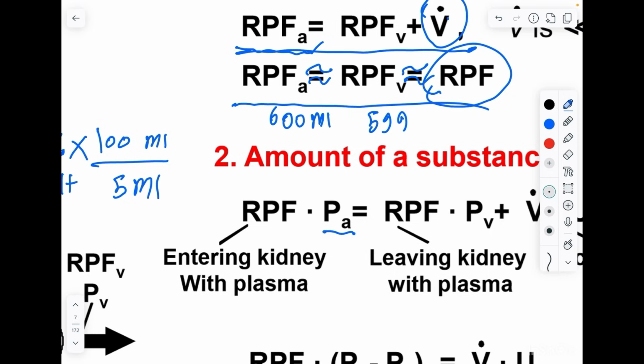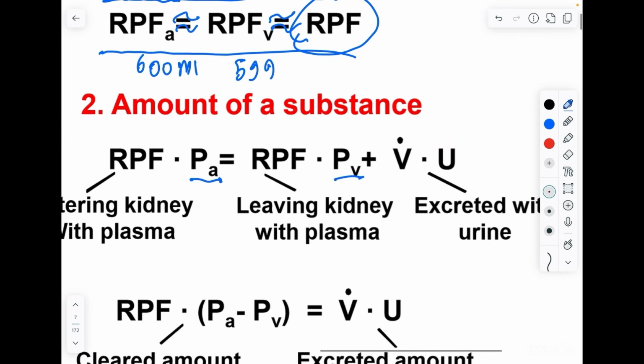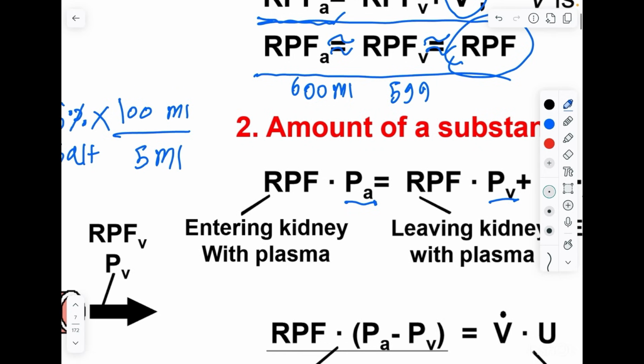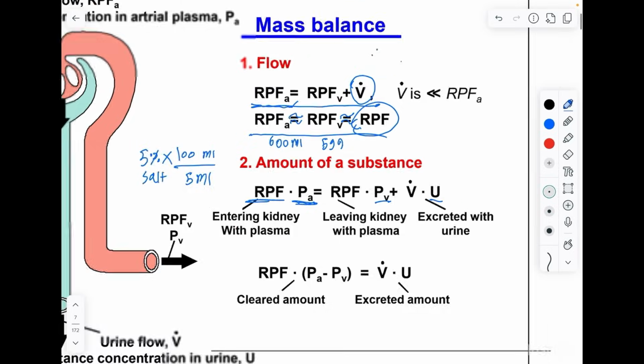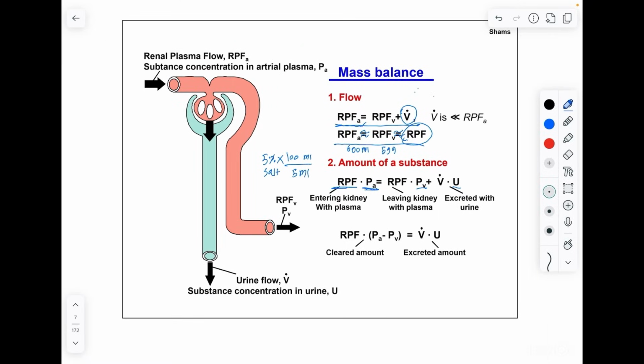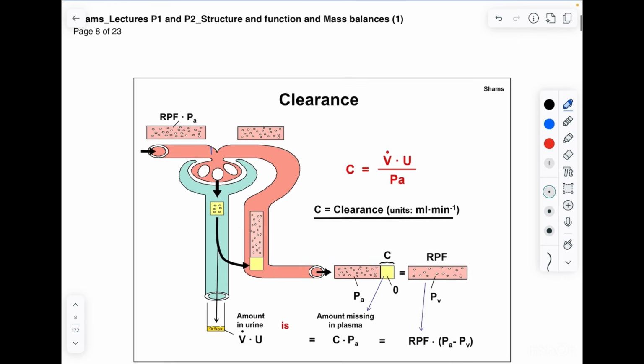You will just multiply the concentration of the substance in the artery and the substance in the vein and the substance in the urine, and you will get this equation. Nothing magical here, it's just you're getting amount of substance, so you multiply the volume with the concentration. Hope that makes sense. And this is just a rearrangement of the equation, this one, so no need to memorize it. Okay.